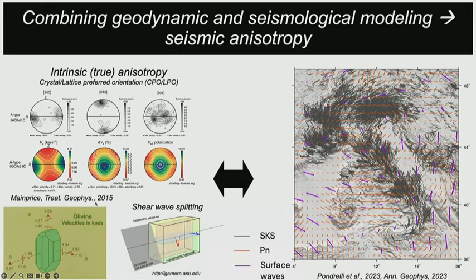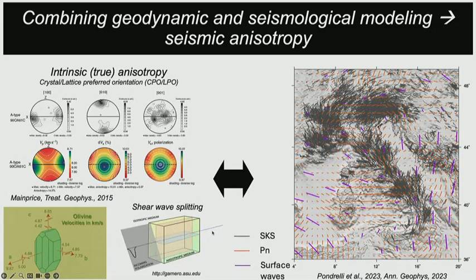Another very famous and well-studied phenomenon is the splitting of shear waves. If a shear wave travels through an anisotropic medium, it is split into orthogonally polarized components. Usually we try to measure the polarization of the fast component and the time delay between the fast and the slow components.